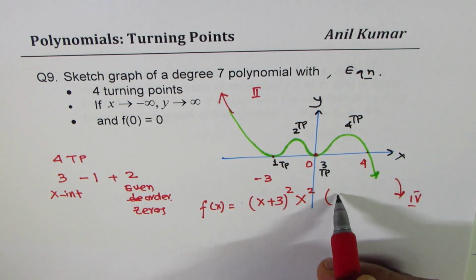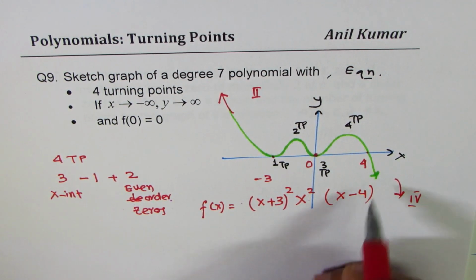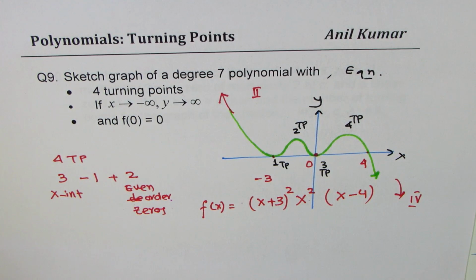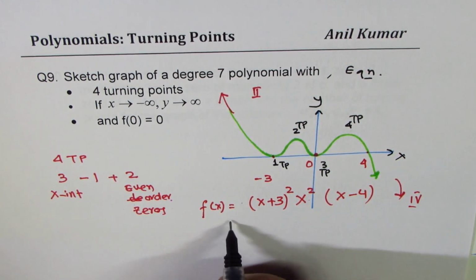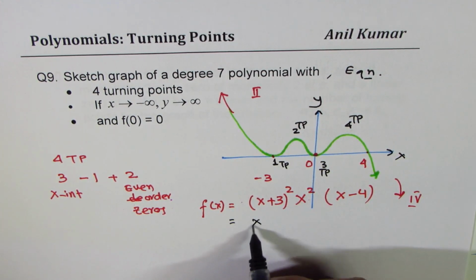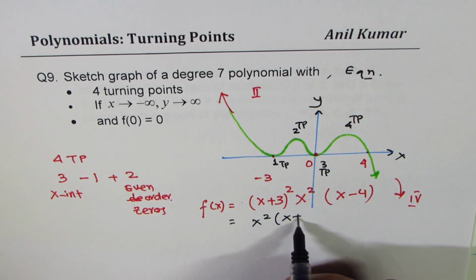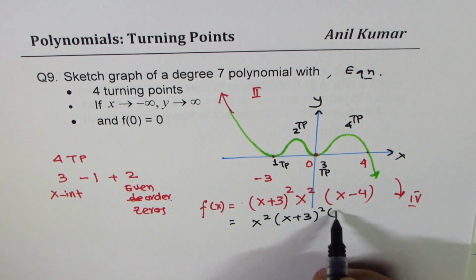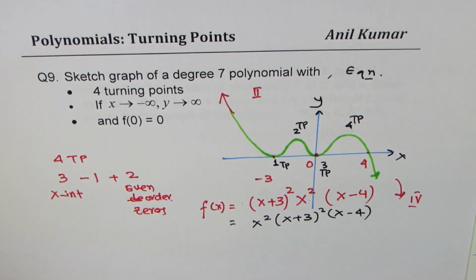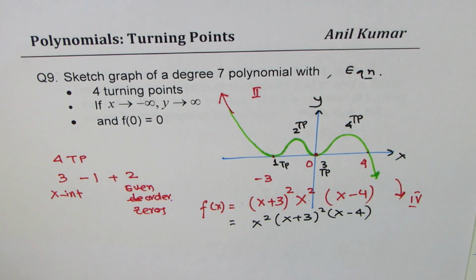And then here we could write x minus 4, a linear zero. Perfect. So you could just reorder this. Just writing x squared first is better. So that could be a possible equation. Does it make sense to you? That is how you could do it. I hope you appreciate it.